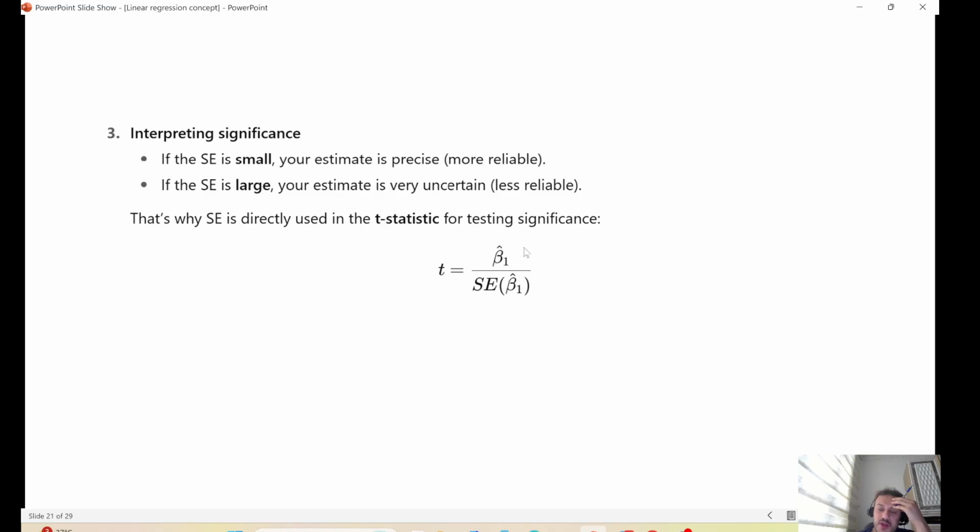If you have a big beta 1, the t is big. If you have a small standard error, you have a large t, and you're more reliable, because if t is this large, that means beta is large, that means not equal to 0.